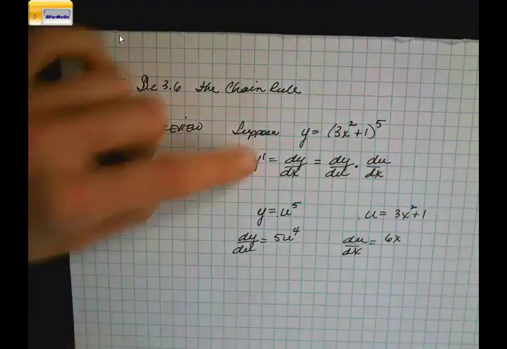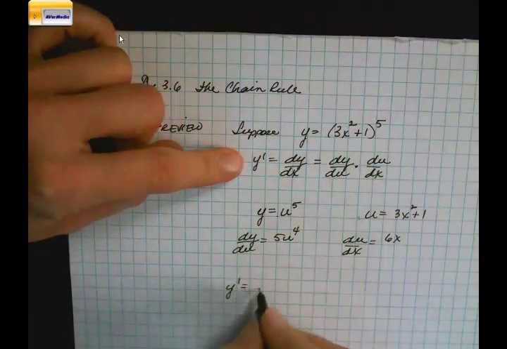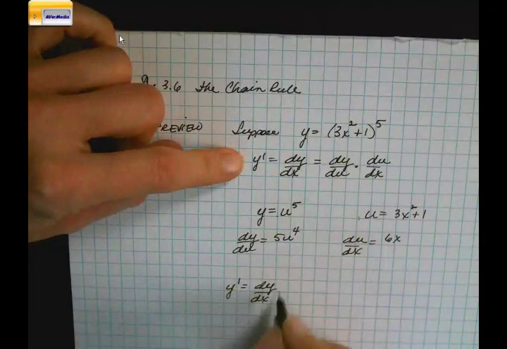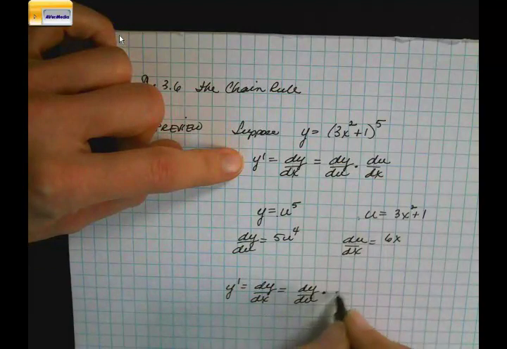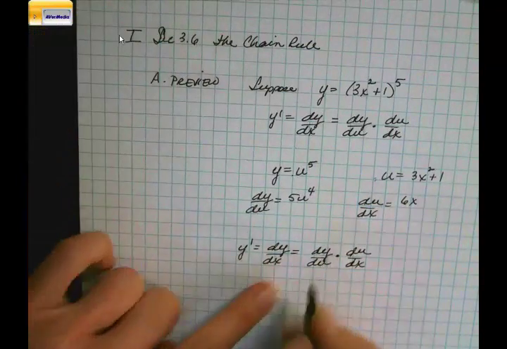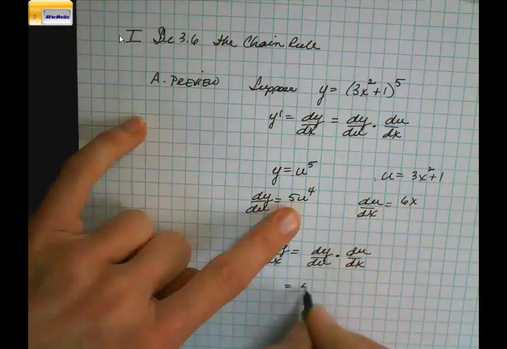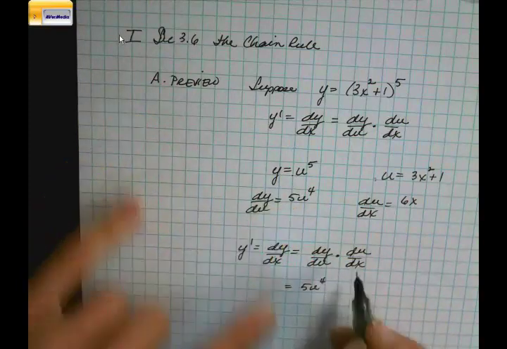With all this written now, my y prime is dy dx, which we can write as dy du times du dx. So let's plug in what we know. We know that dy du, we just stated, was 5u to the 4th.